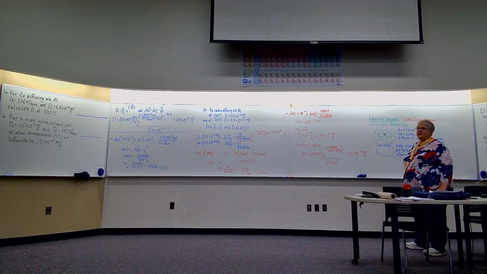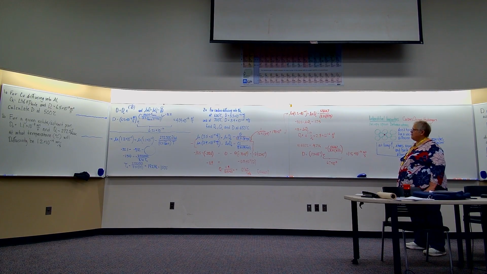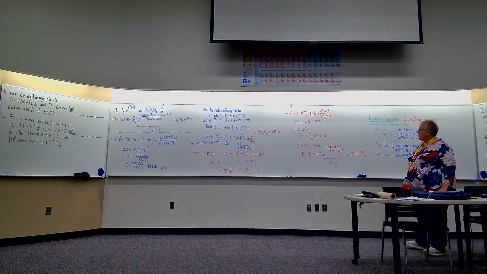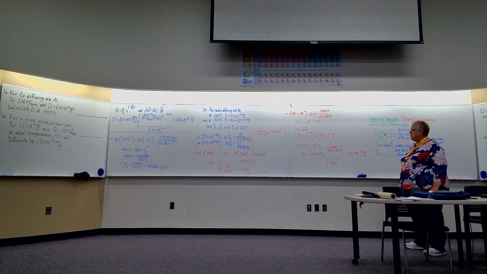I should get a number that's in between the two. When I did 750, it wasn't, but now it is. But it's closer to one temperature than the other, right? It's not a linear relationship.